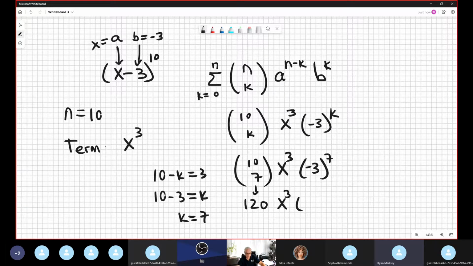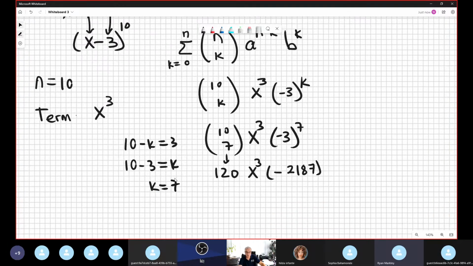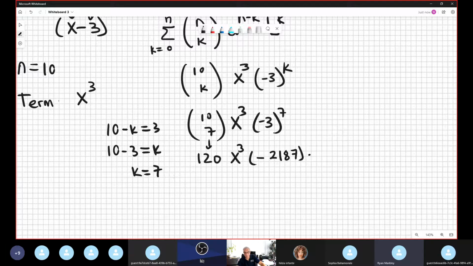So it's minus 2,187. Finally, multiplication of both: 120 times this, the answer is, of course, negative 262,440 x cubed, and that is the answer.